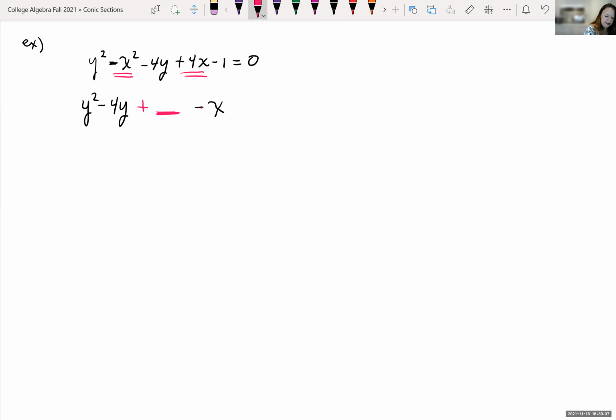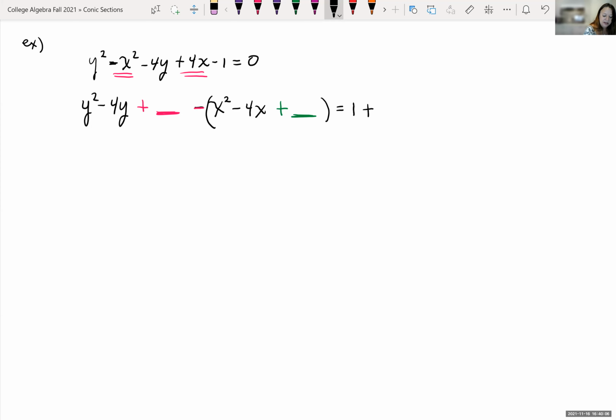If we pull out a negative from those x terms, then we would have parentheses, x squared minus 4x, and we're going to add something in here to make this a perfect square. We'll go back in a second and figure out what that is. This is equal to, so add your 1 to both sides to get the constant to the other side.